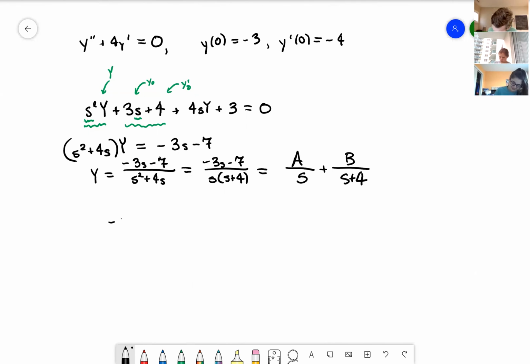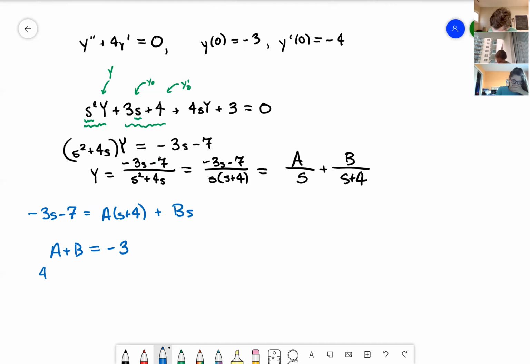So I get, I'm going to do this in a different color, minus 3S minus 7 equals A times S plus 4 plus BS. And so what we get is A plus B equals -3.